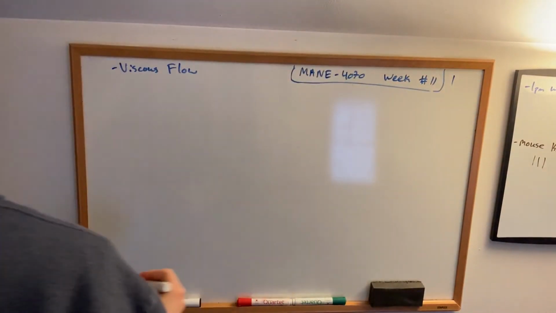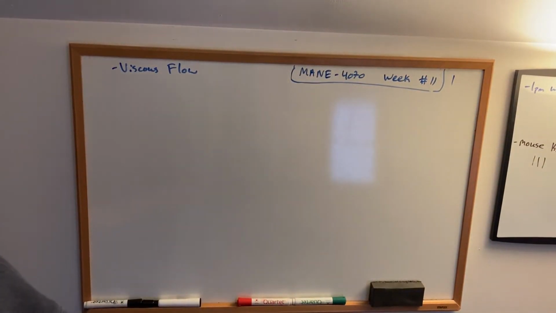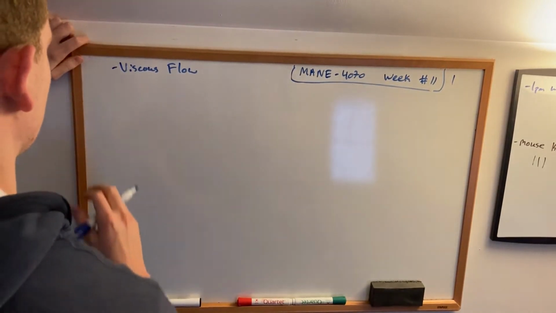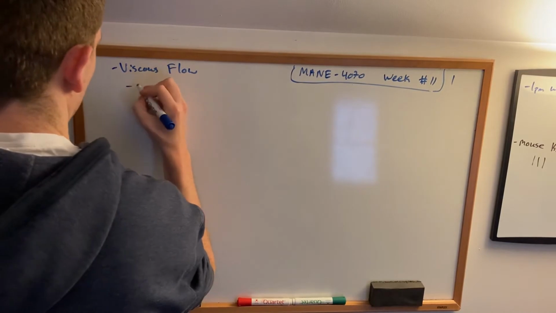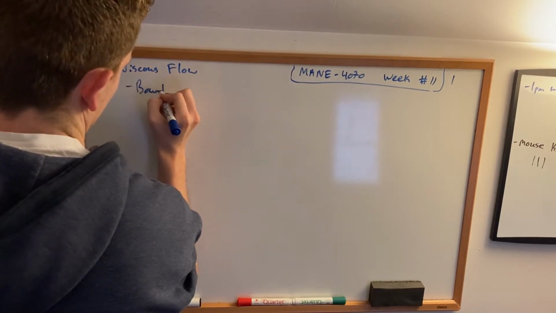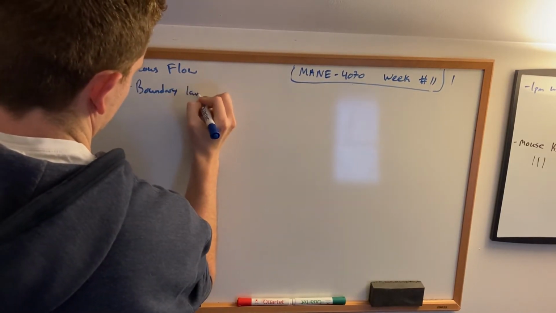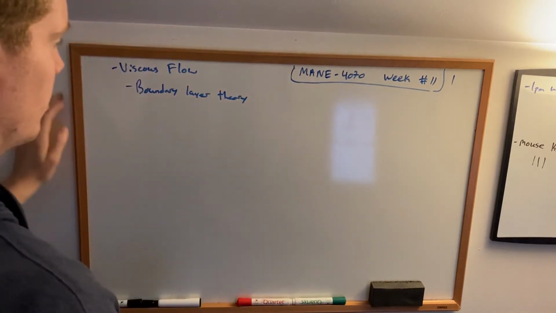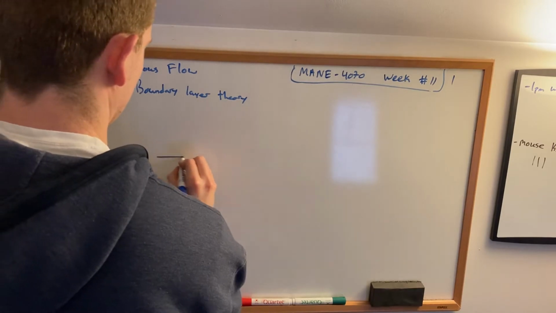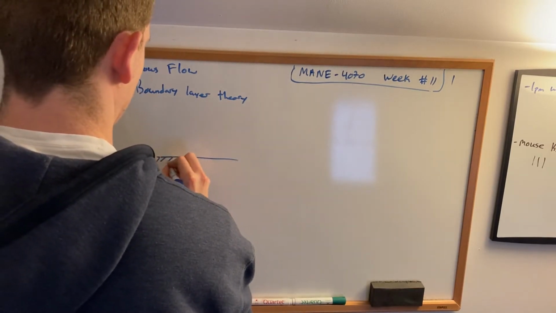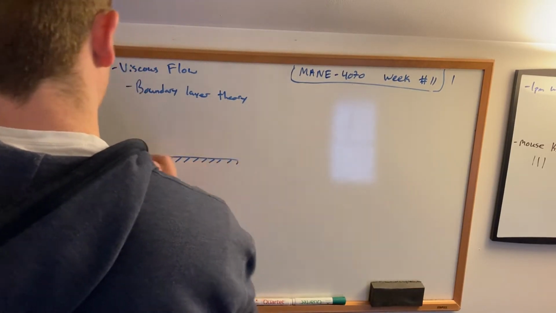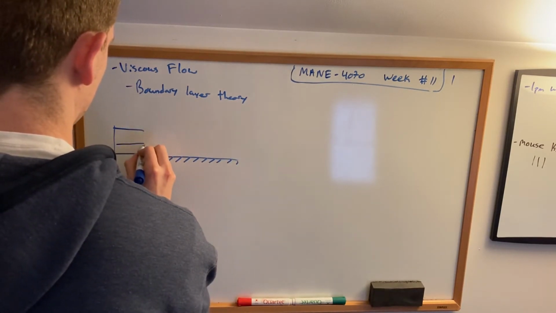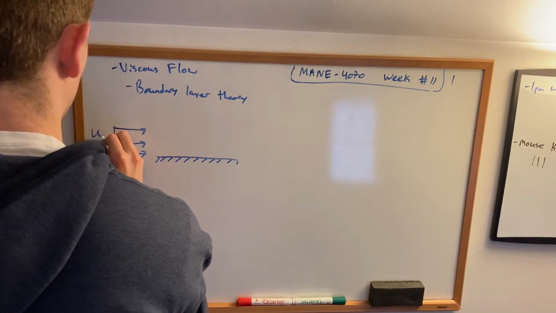All right, then on Thursday we got into a new topic for this course, which is viscous flow, specifically boundary layer theory. So for a boundary layer, we're going to take some solid object, let's take a flat plate, and we have some uniform incoming flow, U infinity.